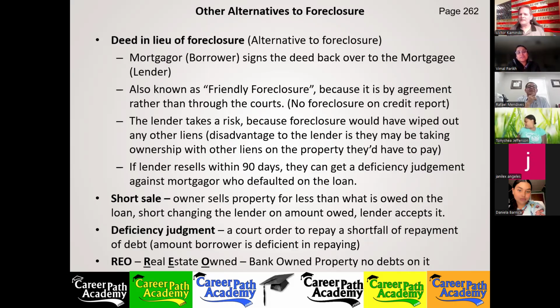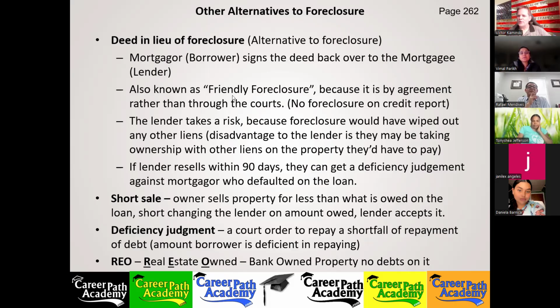This is known as a friendly foreclosure because they're just signing the ownership back to the lender. They don't have to go through the whole court system and the whole process of foreclosure through the courts. The borrower just signs the deed over to the lender, giving them the ownership of the property.